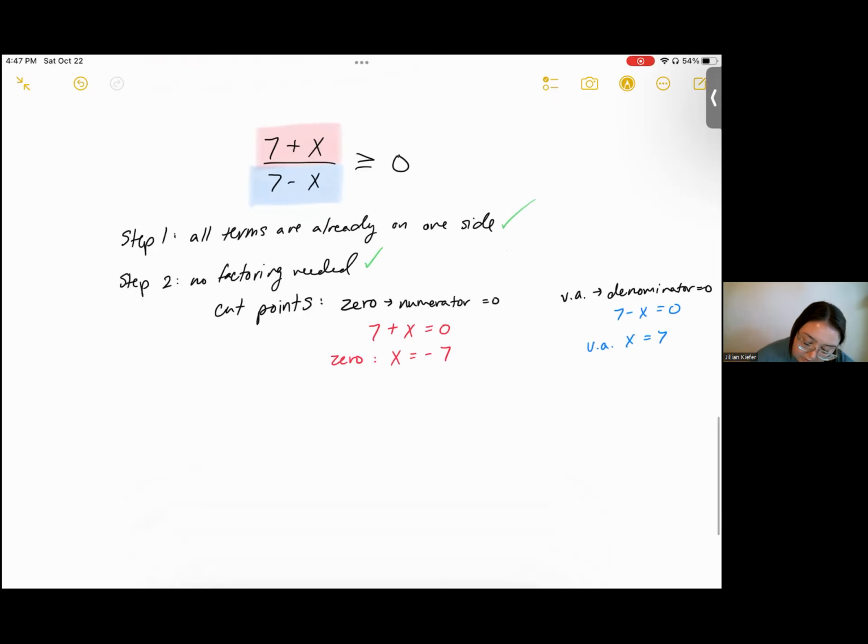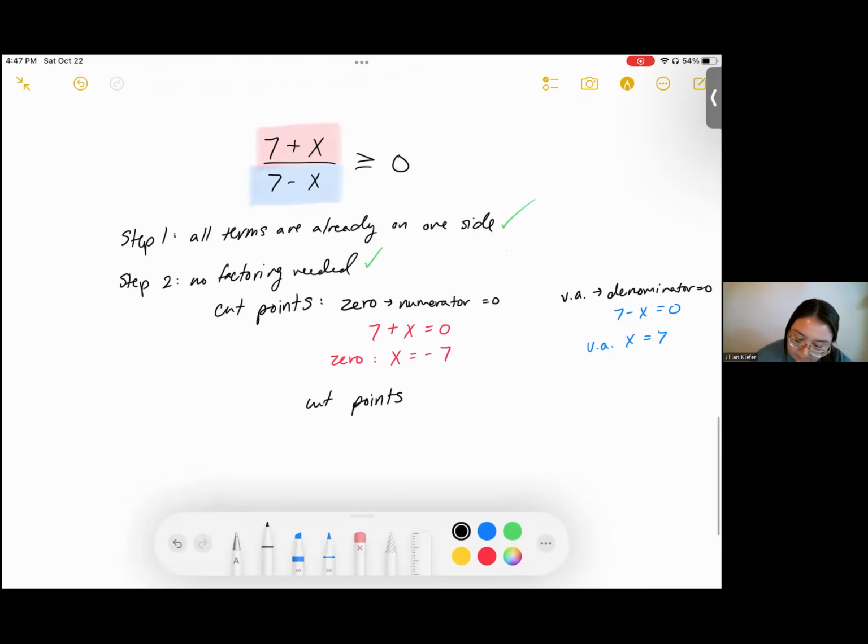So your cut points in this case are equal to -7 and +7, where +7 is a vertical asymptote and -7 is the 0. Your cut points would be both -7 and +7.